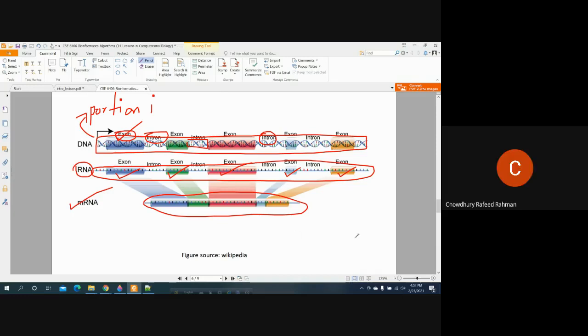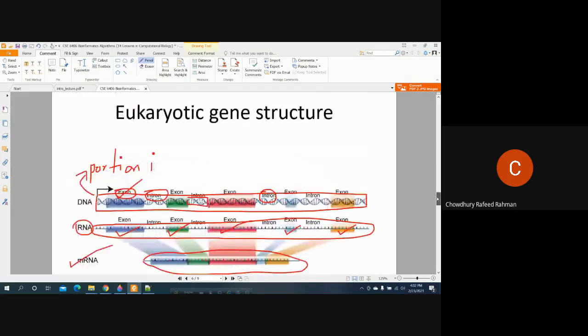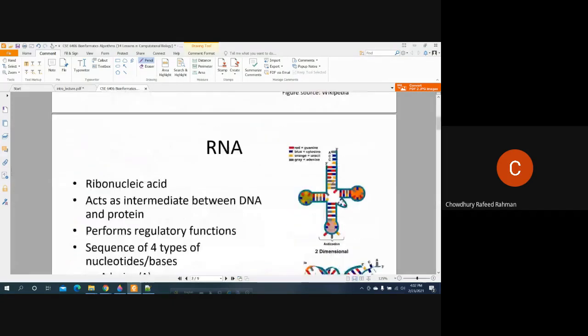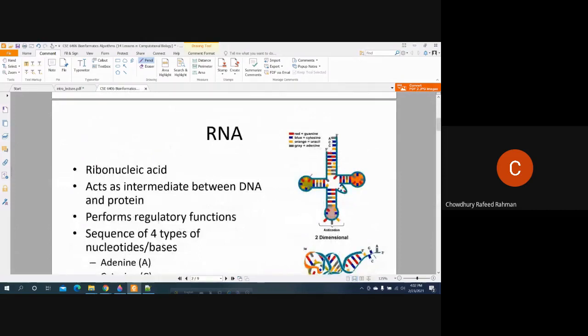RNA is always single stranded. Remember that. There is a picture of an RNA right here. Though it seems like it is double stranded, truly it is single stranded because this portion has just coiled.